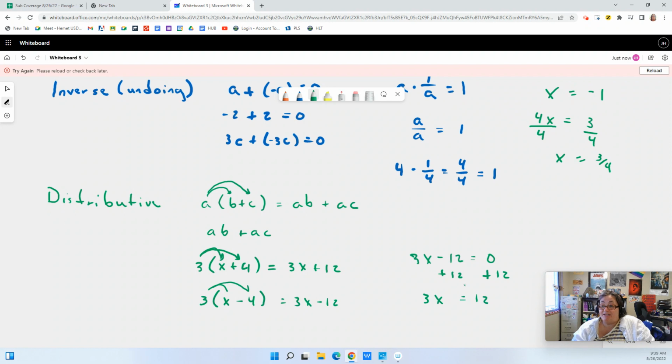And then somebody said that you would divide by 3, right? This is 3 times x. So if we want to know what x is, we have to do the opposite of multiplication, and we would just divide both sides by 3, and we would have x equals 12 divided by 3, which is 4. So, Shai, you had that one.